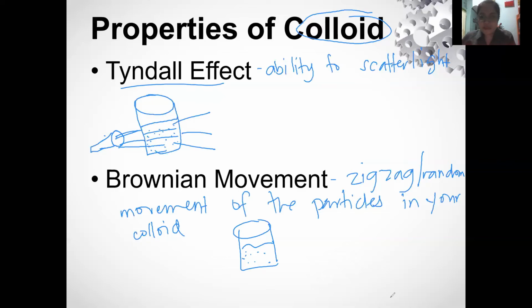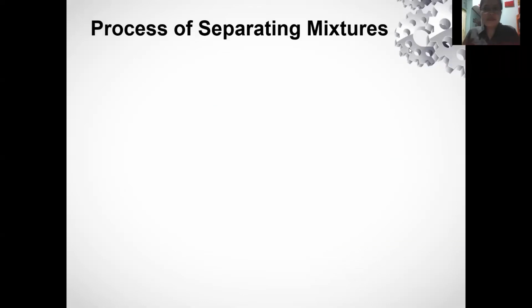Okay, so let me erase again. Okay, and then we have processes of separating mixtures. Since again, mixtures are just combined physically, then we can easily separate them. So the process of separating them are also physical processes.